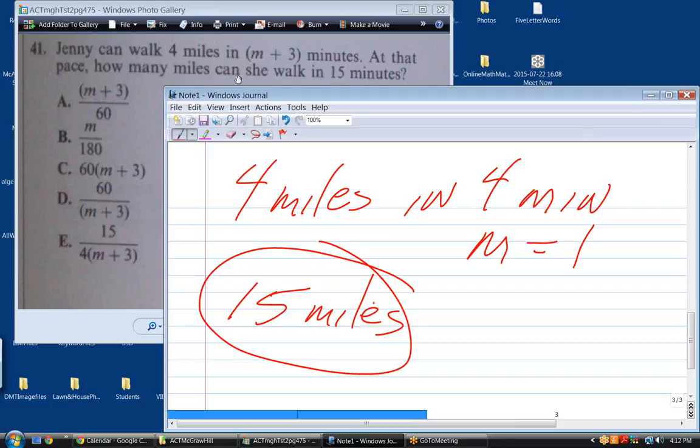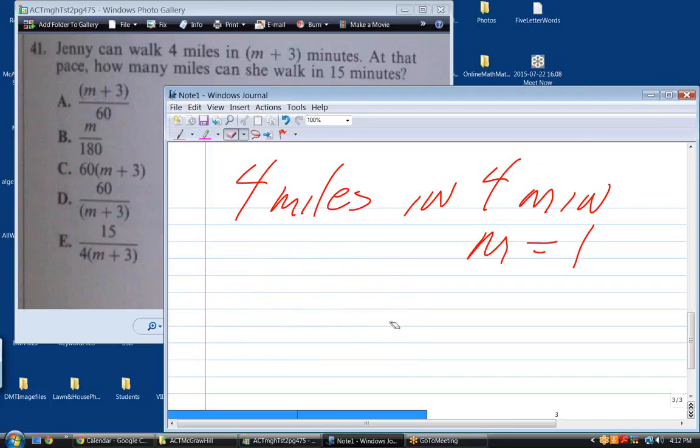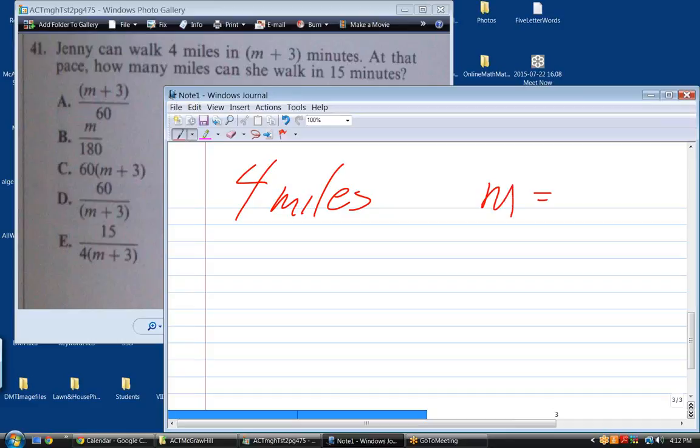So even though we didn't know how to set this up, we knew how to solve it. And there was actually all kinds of m's I could have picked. The m I would have probably picked was 12. Why? Because then it says if you can walk 4 miles in 15 minutes, how many miles can she walk in 15 minutes? We know the answer is 4, right?